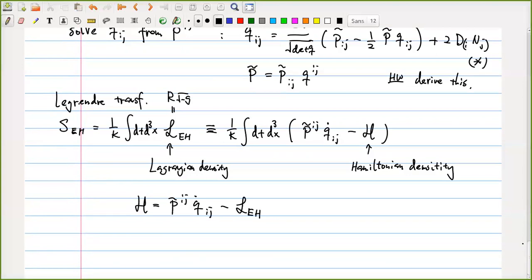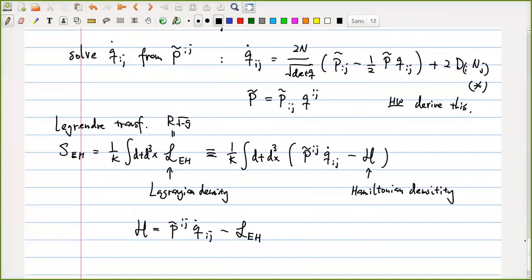Okay, and now this H has to be only a function of P twiddle^ij, Q_ij, and the vector n, n_i.